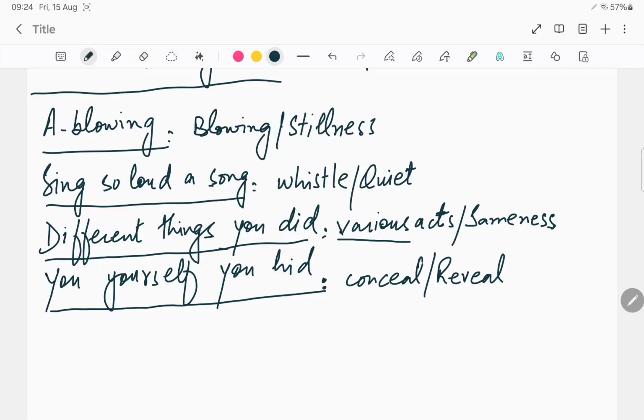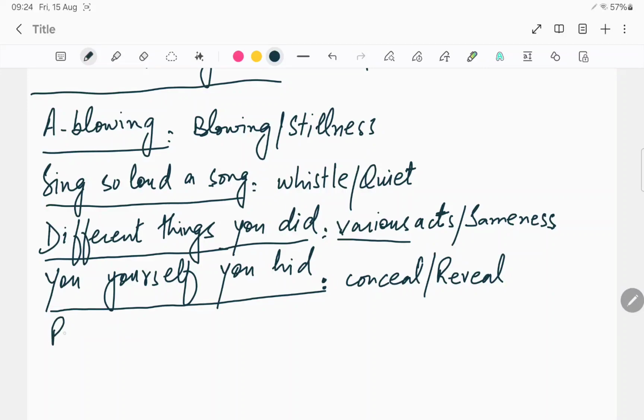So how can we use this word in our sentence, dear students? We may say, you yourself, you hide, but your voice is everywhere. We can say that about the wind, because although it is invisible, the whistling of wind or blowing can be heard by everyone.